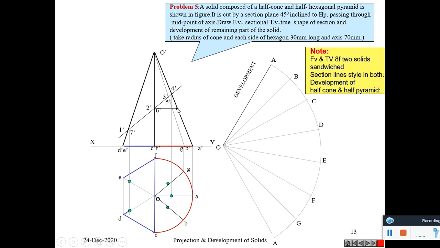It is brought to right, then projected to line OA. From there, an arc is drawn with the center O and radius equal to this distance. So we get 2 and 6 here. Join all these points and hatch it.